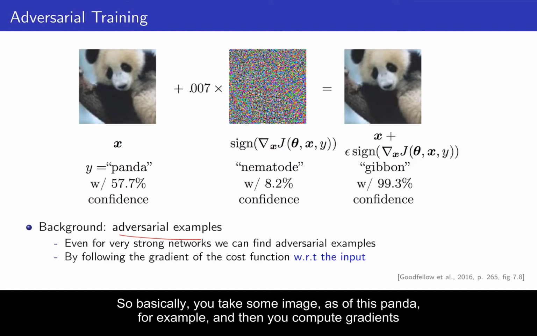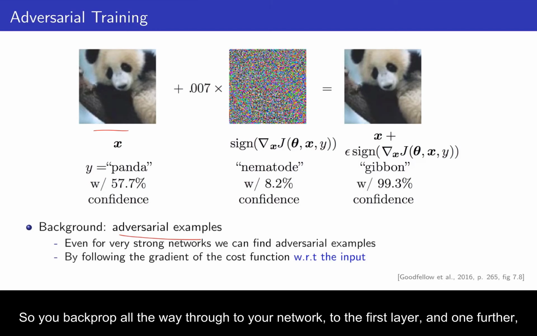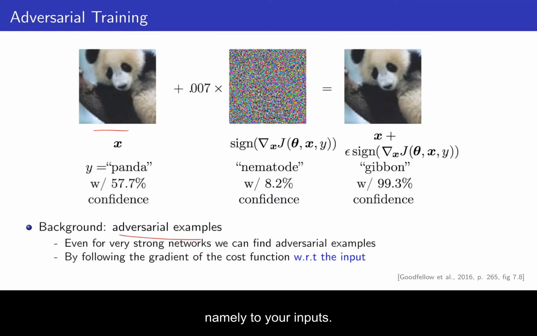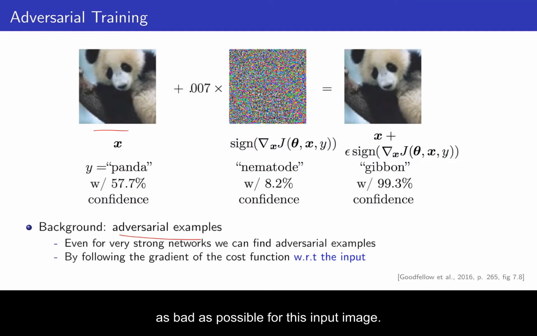You take some image, such as this panda, for example, and then you compute gradients with respect to the inputs. So you backprop all the way through your network, to the first layer and one further, namely to your inputs. And for each of the input pixels, you go in the direction that makes the classifier as bad as possible for this input image.